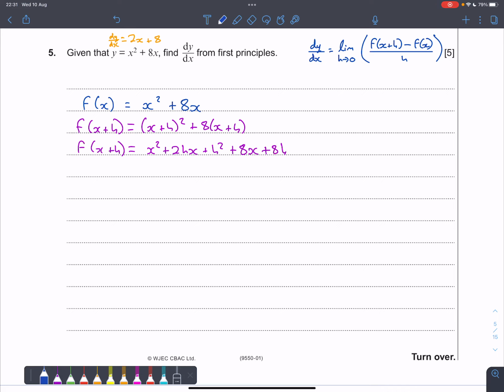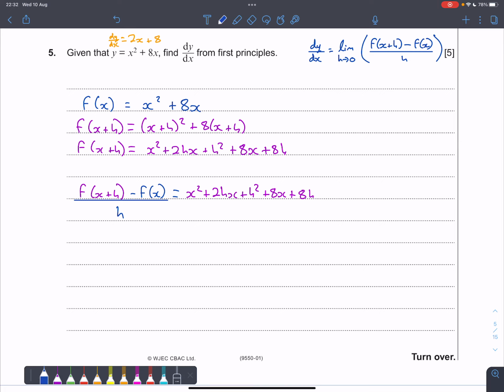So this is the fraction, and that's my next step. So f of x plus h minus f of x, all over h, is going to be x squared plus 2hx plus h squared plus 8x plus 8h, first my f of x plus h.